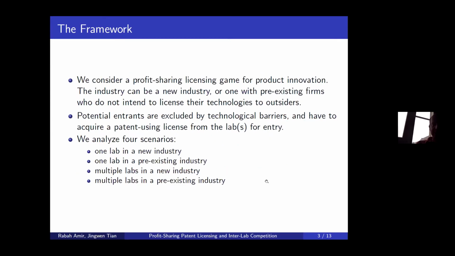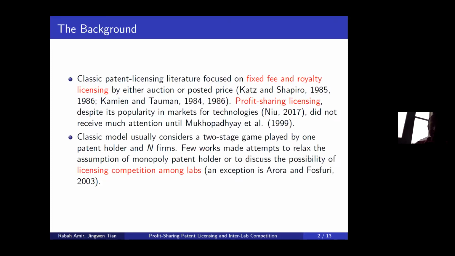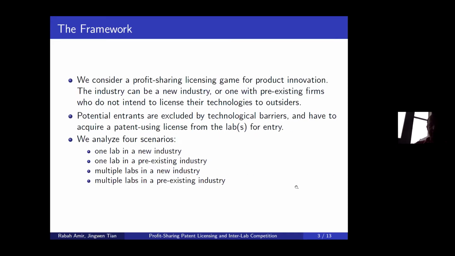A paper that looks at this in the past is Arora and Fosfuri, but they don't go into any of the aspects I'll be talking about. So the industry can be a new industry.